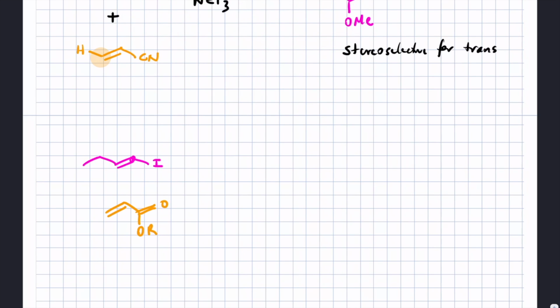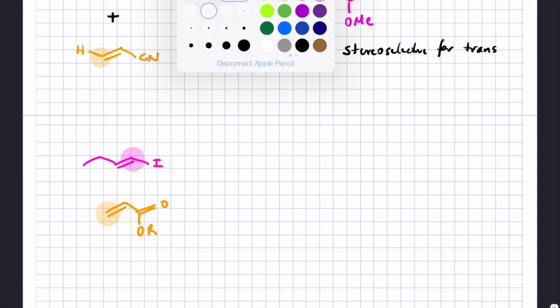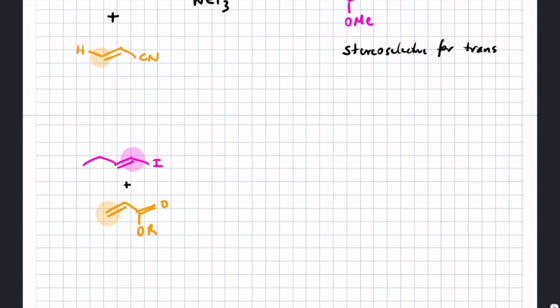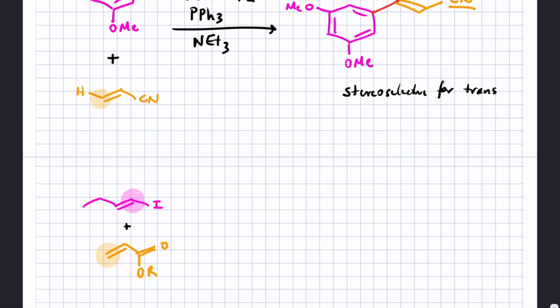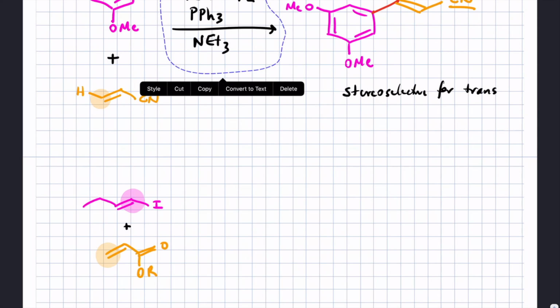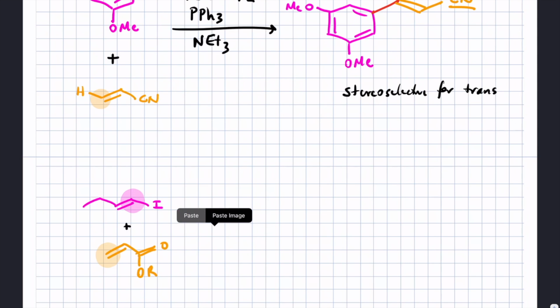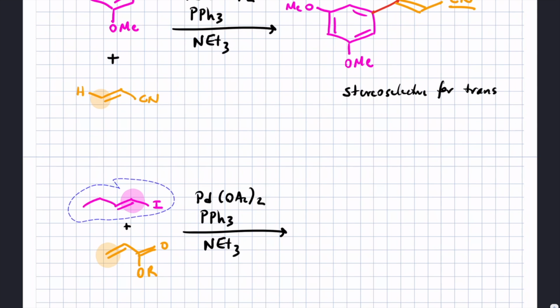Remember, we're going to couple this carbon in orange with this carbon in pink. The reagents we're going to use are these. You will need to know these reagents, and that will probably involve some memorization. Now, there's a couple of interesting features to this reaction that are worth talking about.